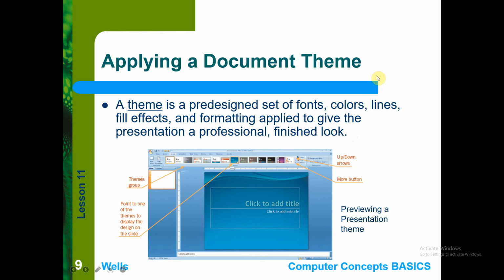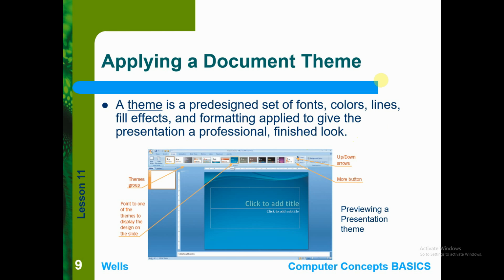So in this theme window, you can see it in the Design tab, a pre-designed set of fonts and colors as well as lines and fill effects and formatting applied to give the presentation a professional or finished look.